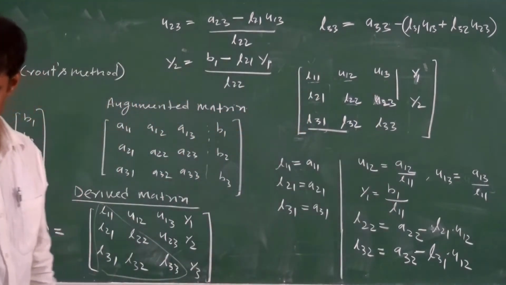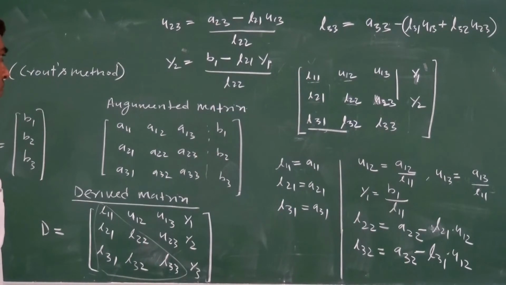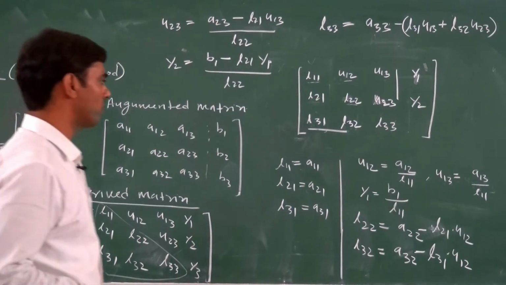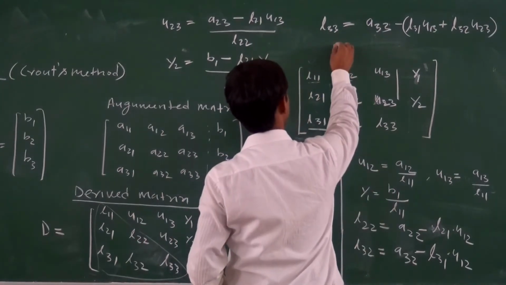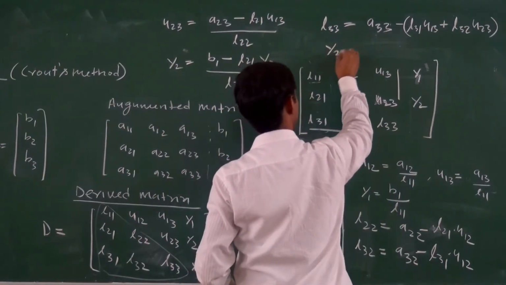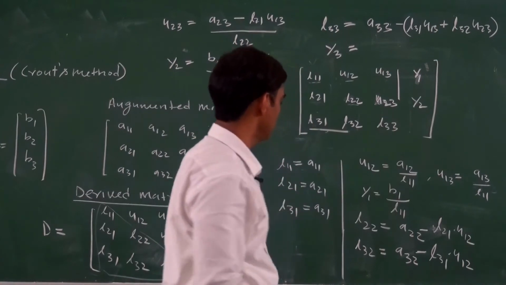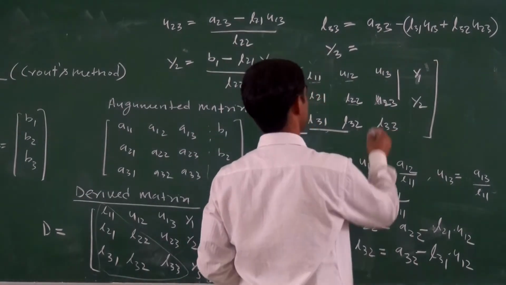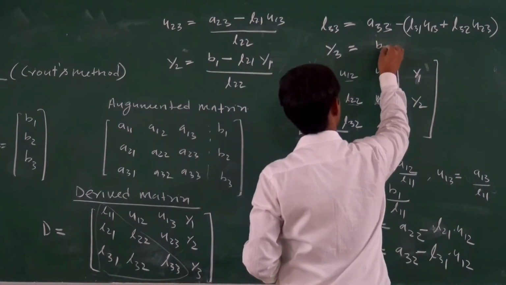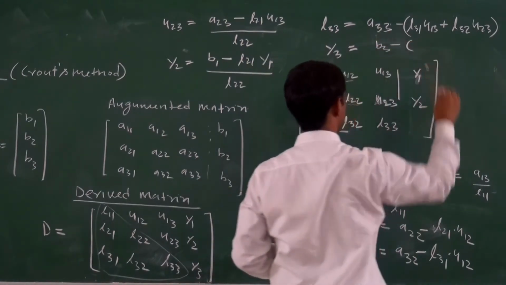Now the last value: how do we find the value for y3? The value for the row means y3. Then again, the corresponding value here, v3, minus the sum of the inner product.